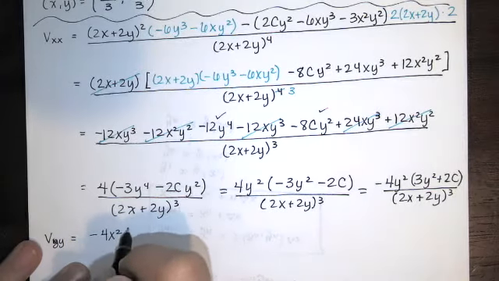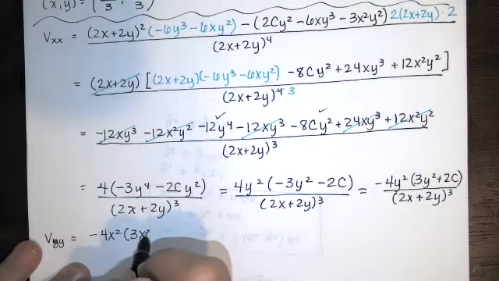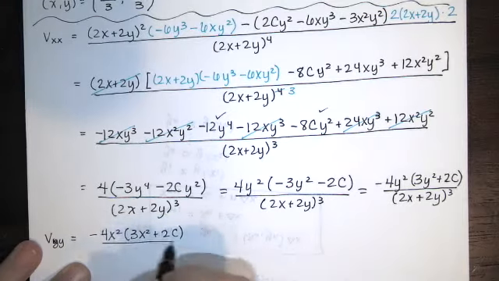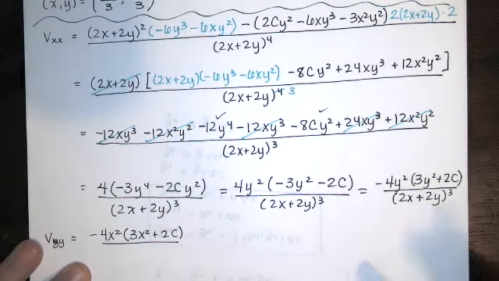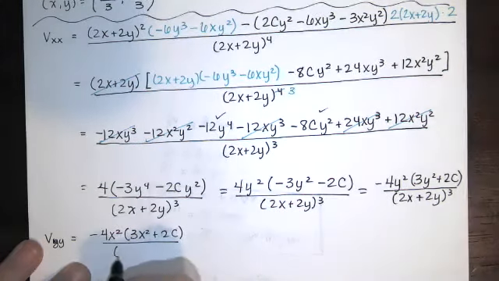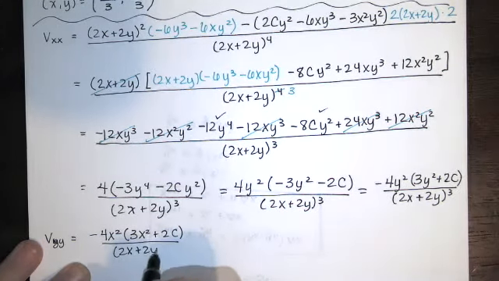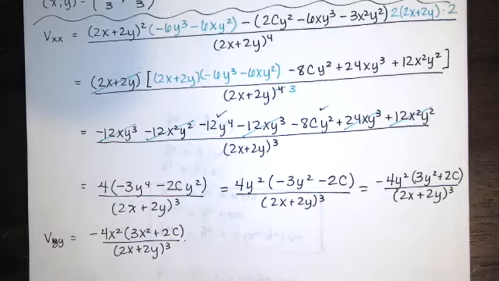So we'll have negative 4x squared times 3x squared plus 2c all over 2x plus 2y quantity cubed, which is going to be 2y plus 2x quantity cubed, but that's the same thing. All right, so I've got that and I've got that.